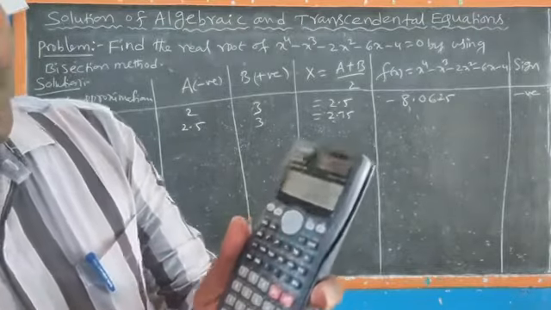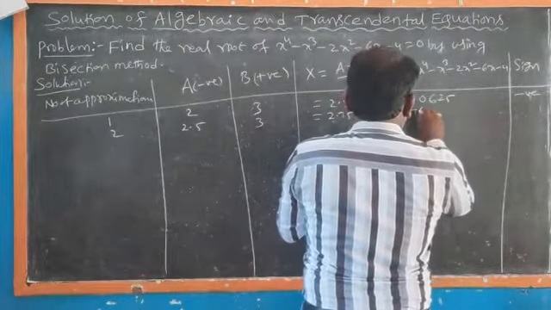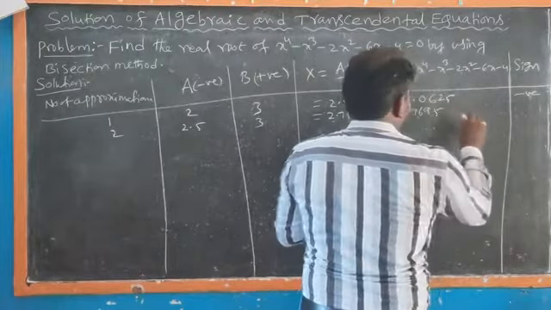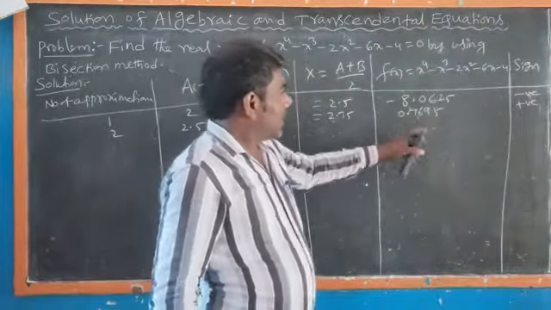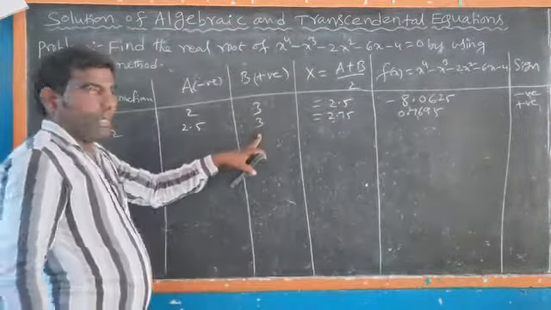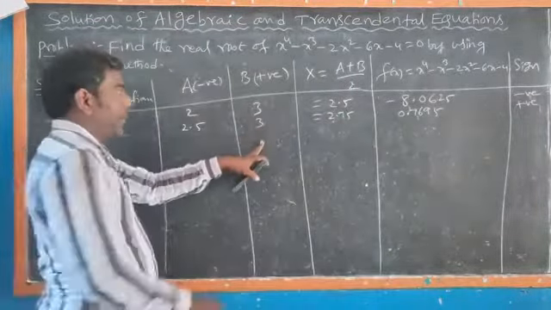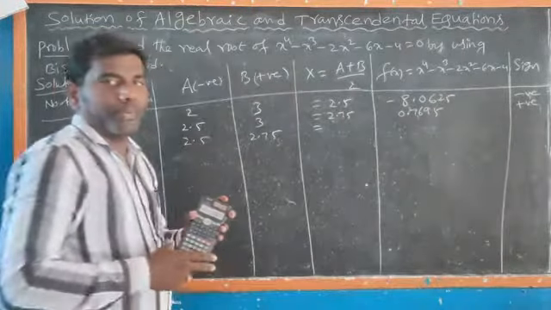That equals 0.7695. This is a positive value, so substitute the x value in the positive values column b, so b is 2.75 and a stays the same. This is the third approximation.